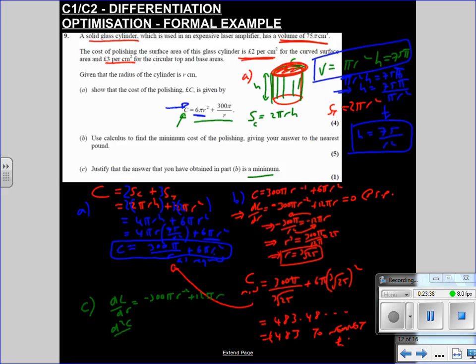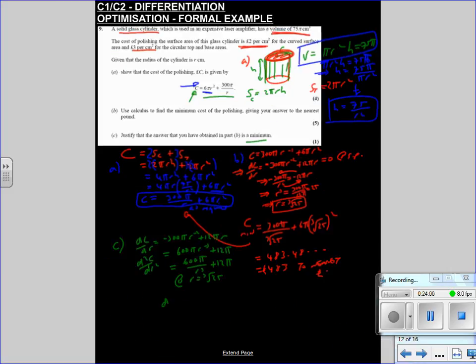Differentiate again, d squared C over dr squared is minus 2 comes down, so that's 600 pi r to the minus 3 plus 12 pi, which is 600 pi over r cubed plus 12 pi. If you whack in r equals cube root of 25, your d squared C over dr squared will be positive, and therefore this is a min as required.